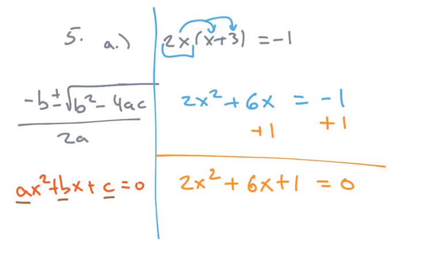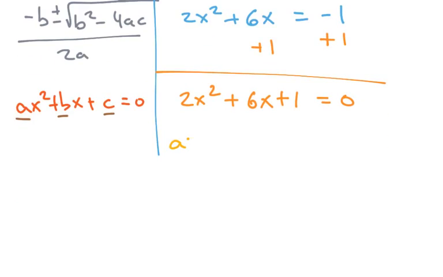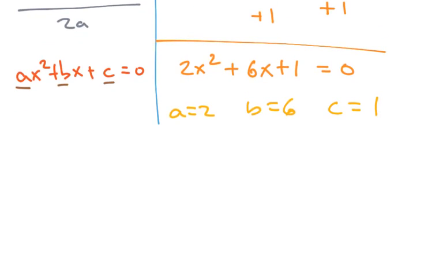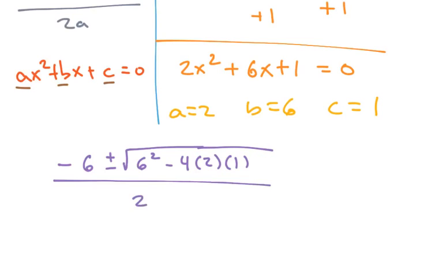And now when I look at this, what I see is that a is 2, b is 6, and c is 1. So I just apply the formula. It's negative b, so negative 6, plus or minus square root b squared, which is 6 squared, minus 4a, which is 2, c, which is 1, all over 2a.